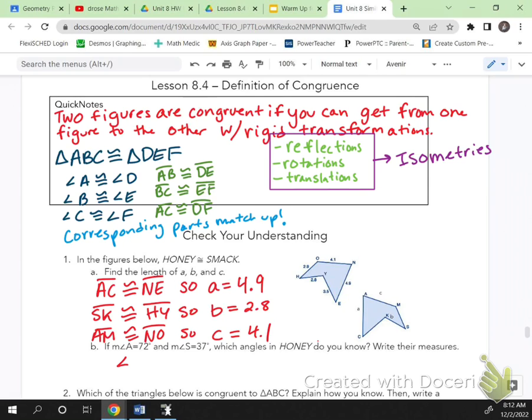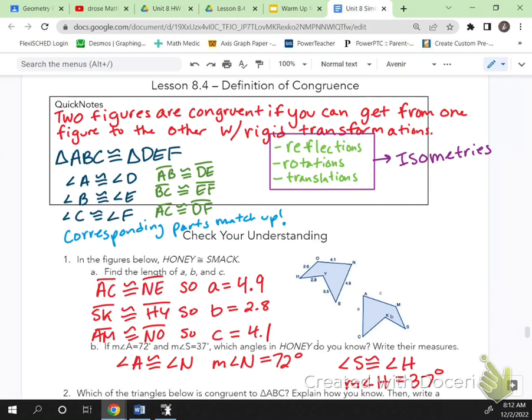If you know angle A, it's congruent to what angle? N. So then you could say the measure of angle N is 72 degrees. And the other angle is S. If I know angle S, it's congruent to H. So then I could say the measure of angle H is also 37 degrees. Questions?